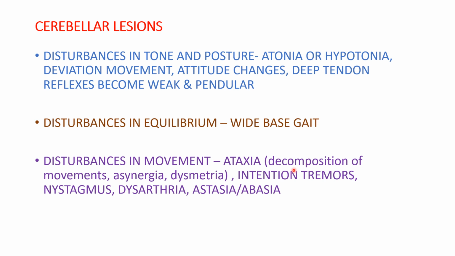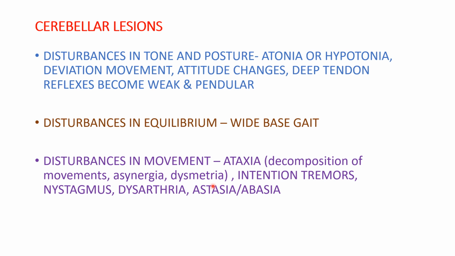At each joint the movement occurs separately and you are able to see that movement. Then asynergia, that is lack of coordination between the agonist and antagonist muscles.